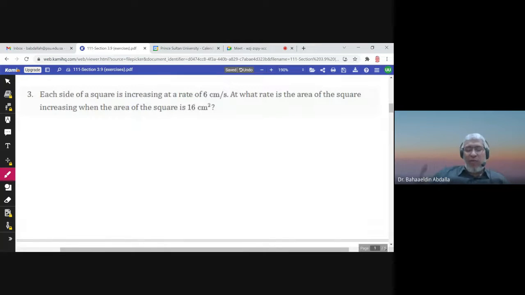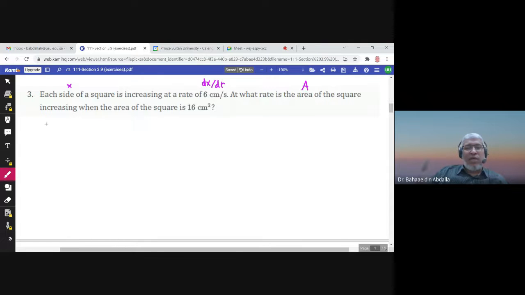Each side of a square is increasing at a rate of 6 centimeters per second. So if the side of the square is x, then this is dx by dt. At what rate is the area, if the area is A, increasing?